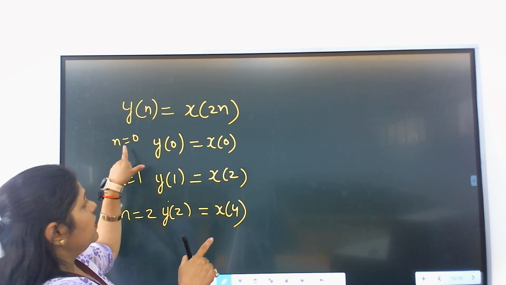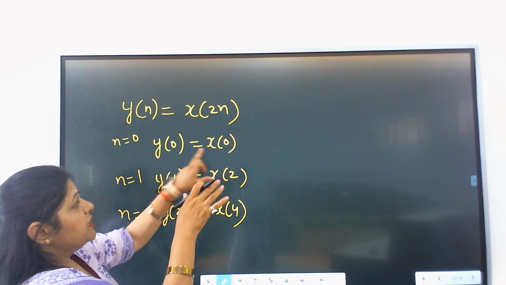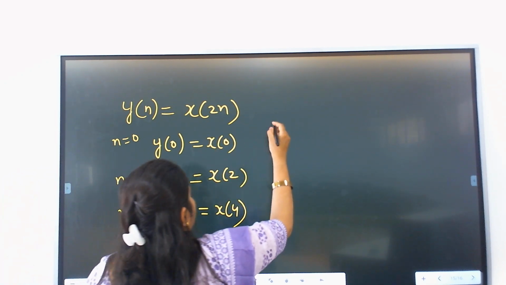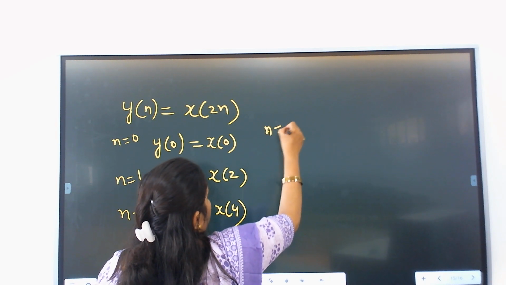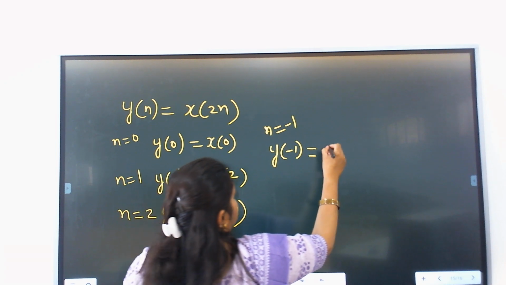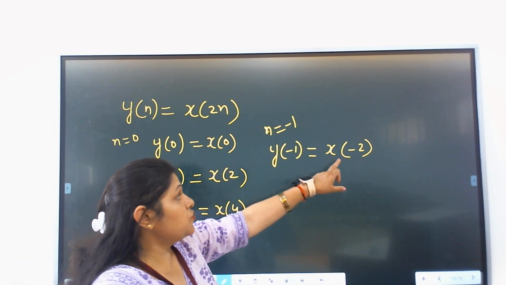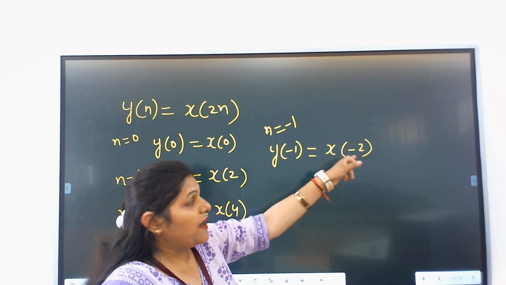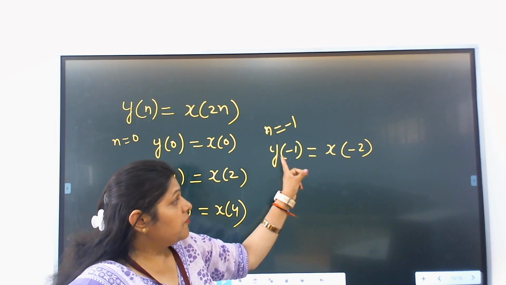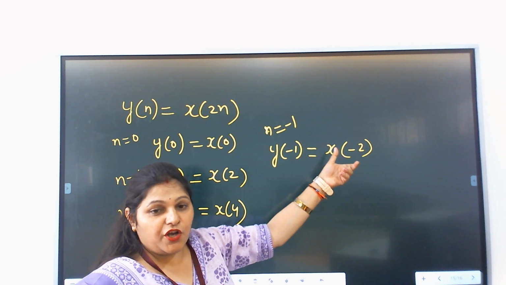So for zero, the output depends on the present value. For positive values, the output depends on a future value. For a negative value, n equals minus 1, y(minus 1) equals x(minus 2). Minus 2 is a past value compared to minus 1, so the output depends on a past value of input.